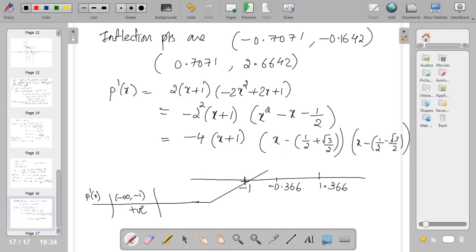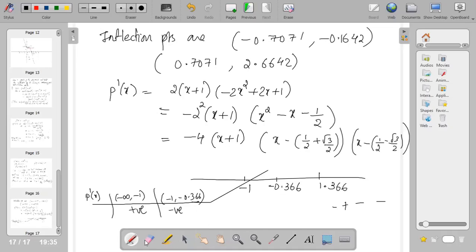In the second interval, between minus 1 and minus 0.366, the first term will be positive, the second negative and the third negative, so it is going to be negative.